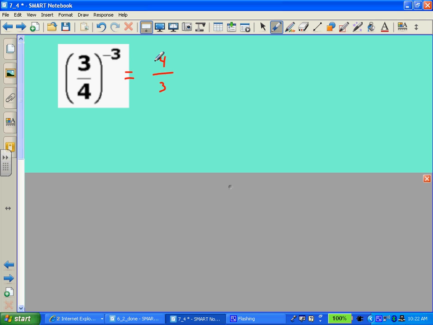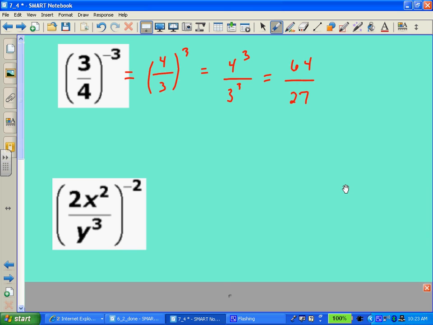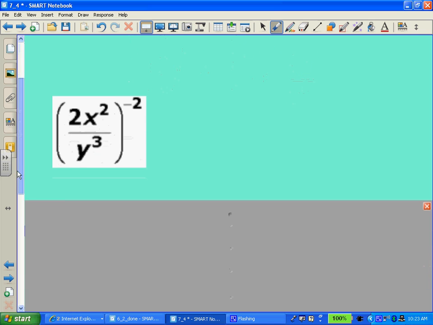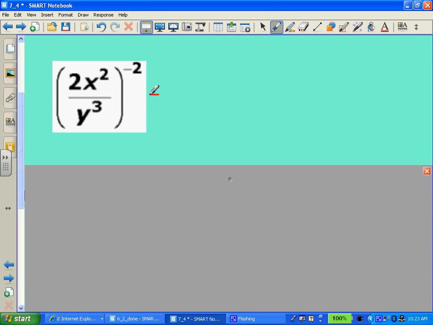So this, again, the first thing I'm going to do, I'm going to flip it, and I'm going to raise it to the positive third power. So then that would be 4 to the 3rd over 3 to the 3rd, which 4 to the 3rd we know is 64, and 3 to the 3rd we know is 27, so we could write 64 over 27. Now let's try this one.